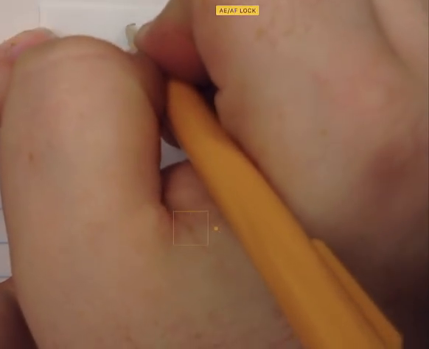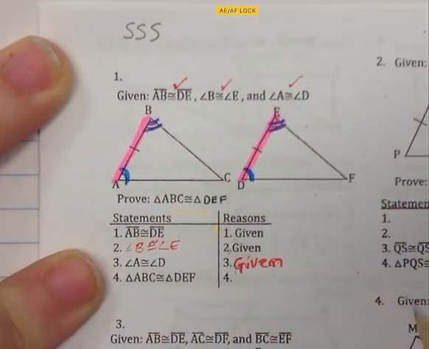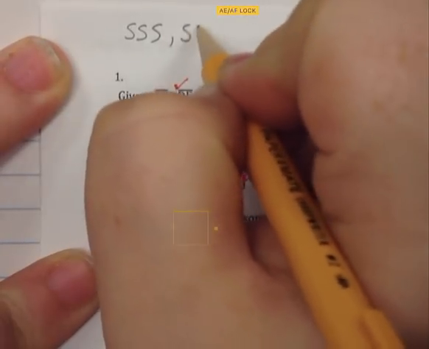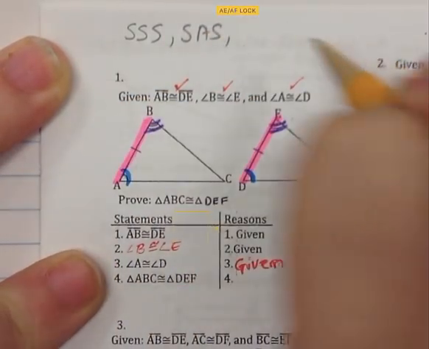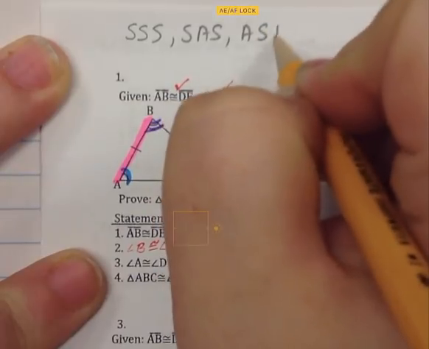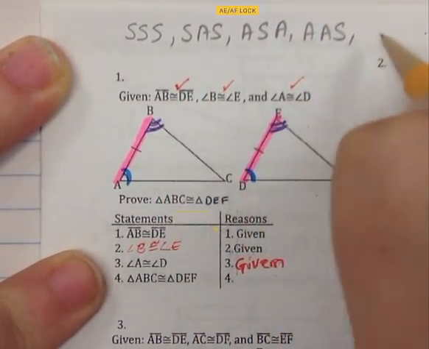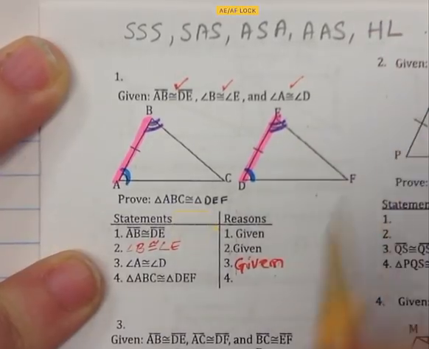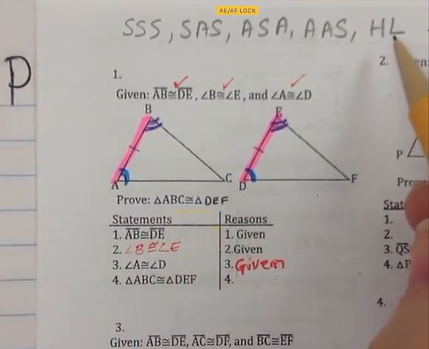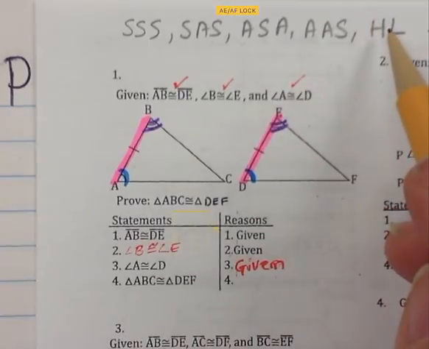The 5 things that you can use are side, side, side, angle, side, angle, angle, angle, side, and HL. HL can only be used with a right triangle. This is not a right triangle, so you cannot use HL.